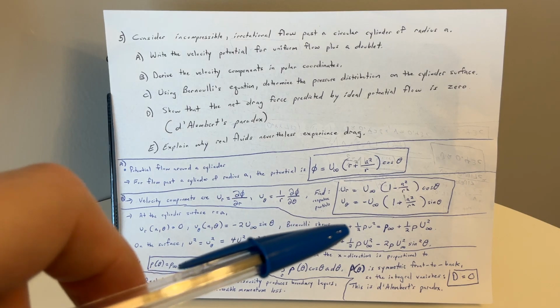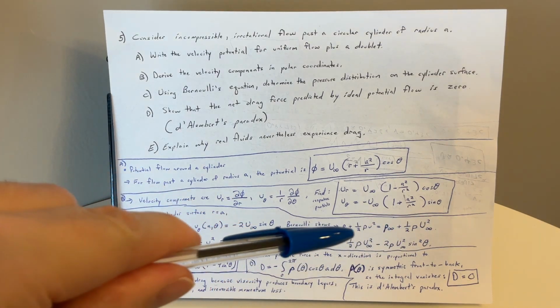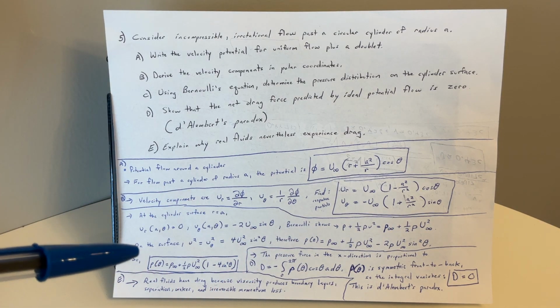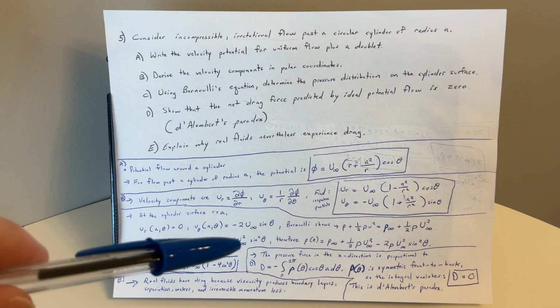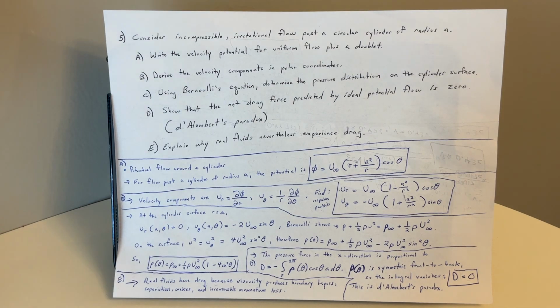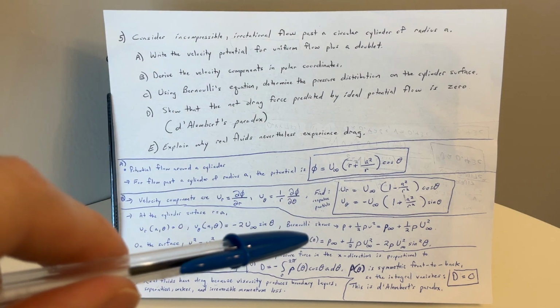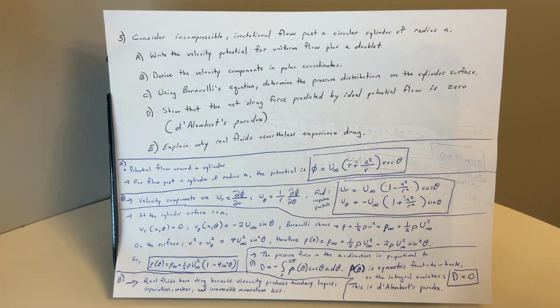And Bernoulli shows the following. On the surface, we have u squared equals u_theta squared equals 4 U infinity squared sine squared theta. Therefore, p of theta equals this entire thing here.